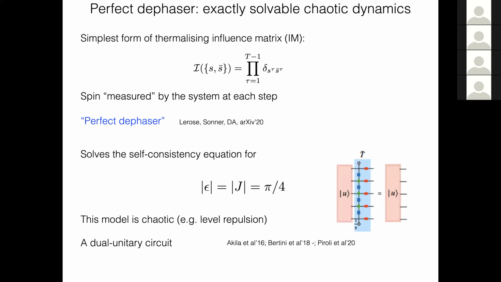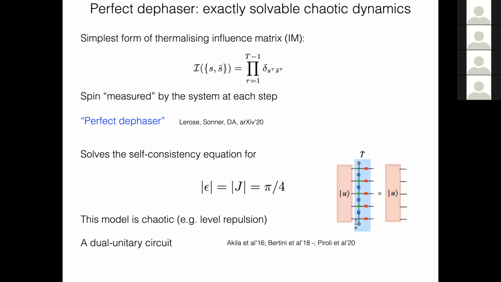And this really corresponds to a Markovian behavior of your bath. Remarkably, it turns out that there are various models which actually behave in that way. For the kicked Ising model, this happens at the dual unitary point when epsilon is equal to J. Epsilon was a parameter of the rotation around the x-axis, and J is the z interaction. When they are both equal to pi over 4, this corresponds to this very simple form of the influence matrix.